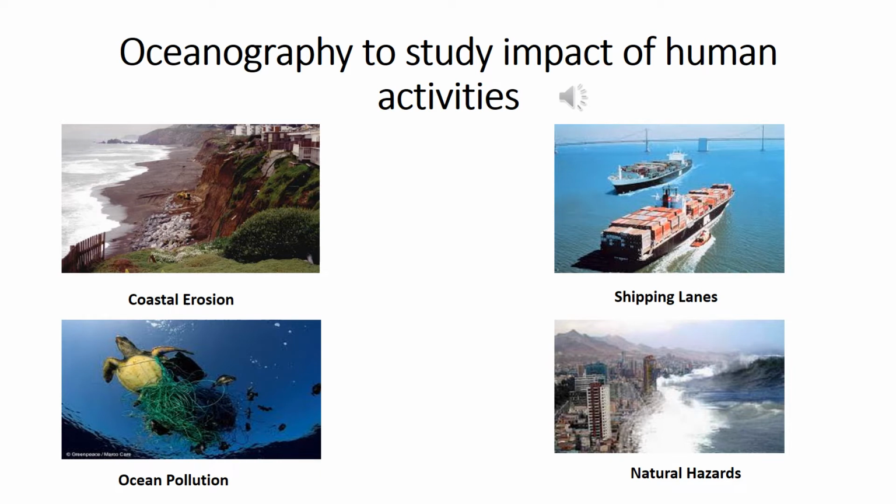Now there's no more grass or plants absorbing, there's houses in the way, so the water runs off and causes the eroding of these cliffs. Shipping lanes. So much of our world economy is based on these cargo carriers going throughout the world from continent to continent. Ocean pollution affecting a lot of our living things, as well as natural hazards such as tsunamis and flooding.